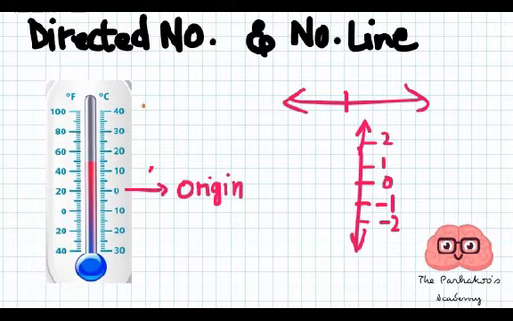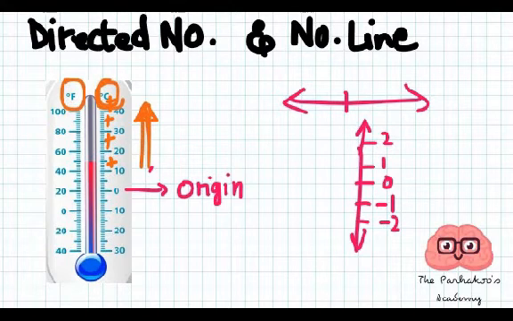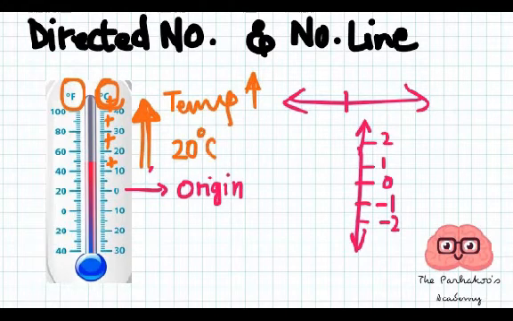As we move up, there are positive numbers, +10, +20, +30, +40, and there is a unit which is degrees Celsius, and on the other side we have degrees Fahrenheit, right? So as we are moving up, things are increasing. The temperature is basically increasing as we are moving up. So I can say that 20 degrees Celsius is greater than 10 degrees Celsius, isn't it?